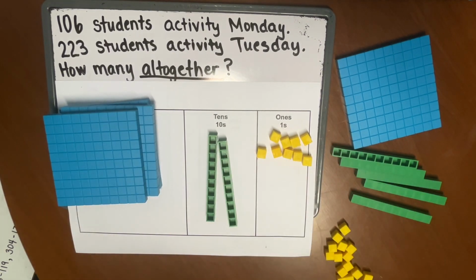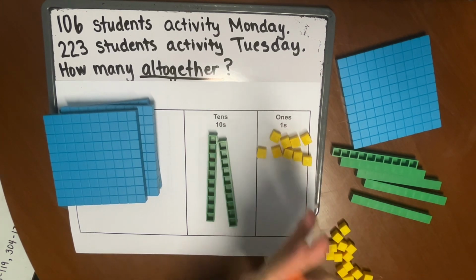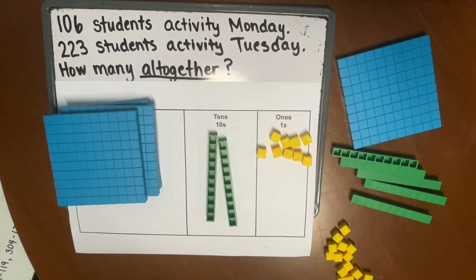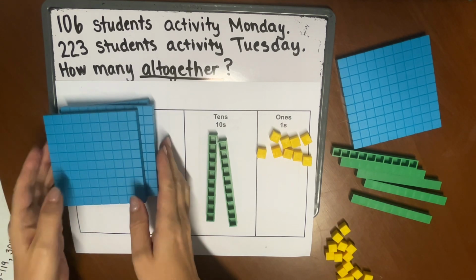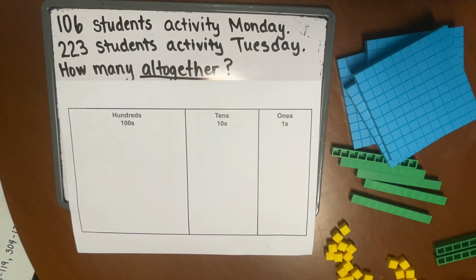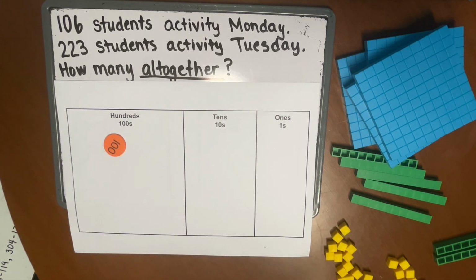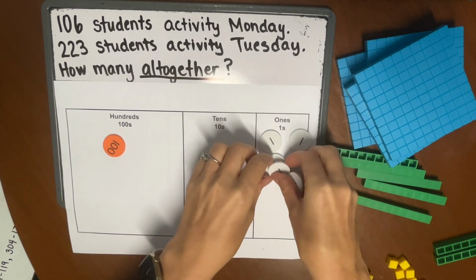Let's trade our base 10 blocks now for place value discs. Go ahead and build this problem with place value discs to check your answer. Pause the video now. Let's see how you did. I had 106 students on Monday.